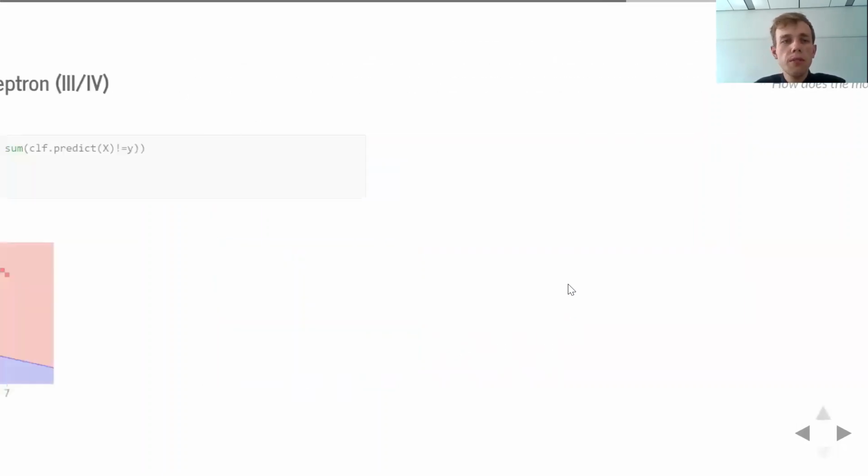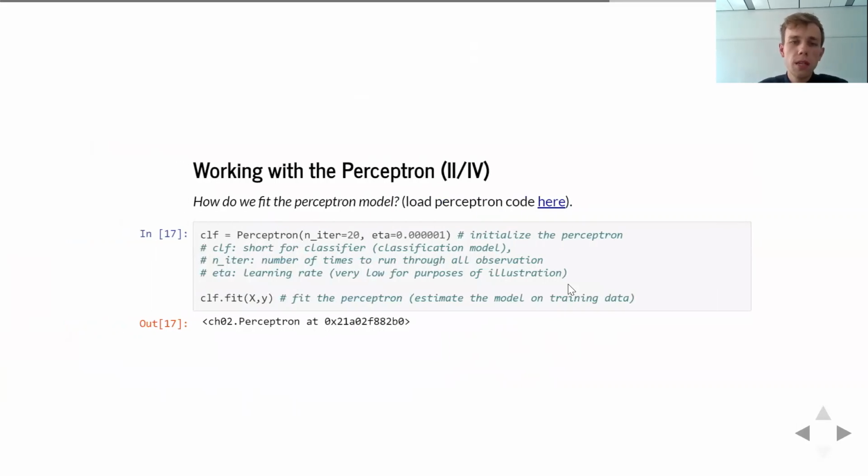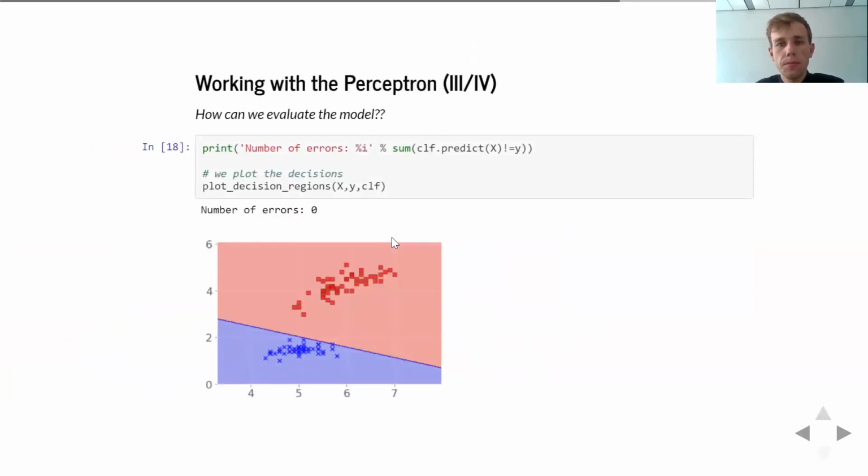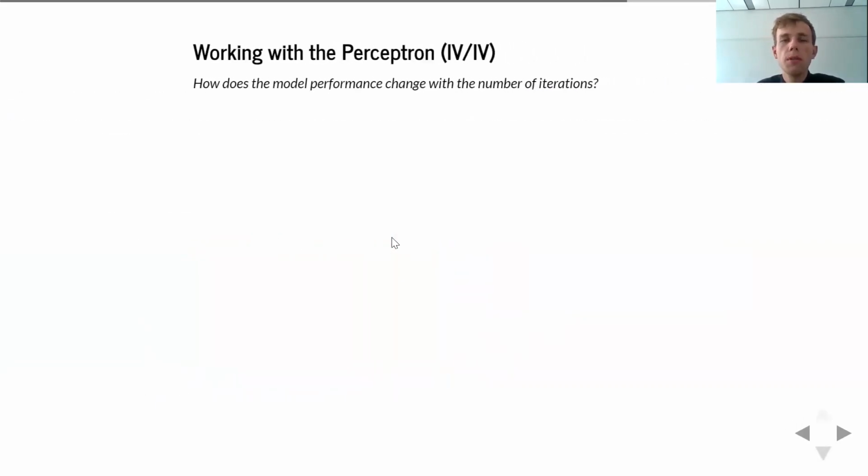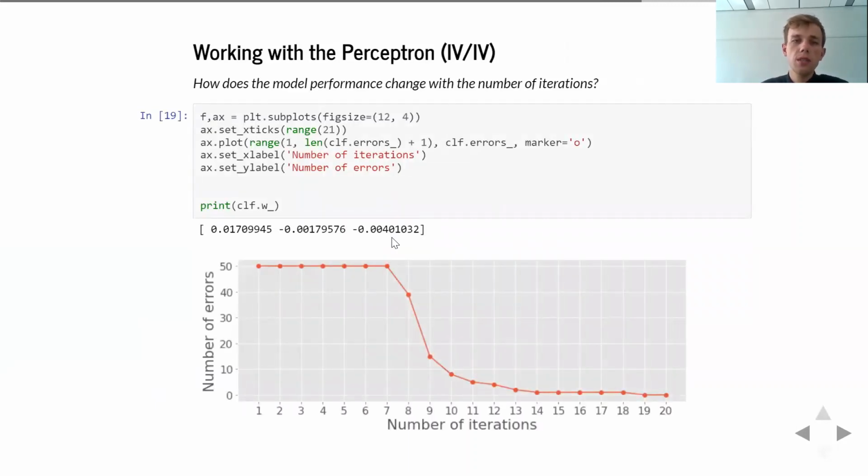So we may now ask, before we can see that we specified here that we wanted to loop through all observations 20 times, how does the model performance change with the number of iterations? That's basically what I'm plotting here. First we can see that when we just initialize our weights, we have these random weights to begin with.